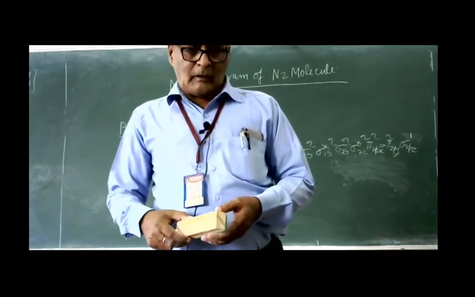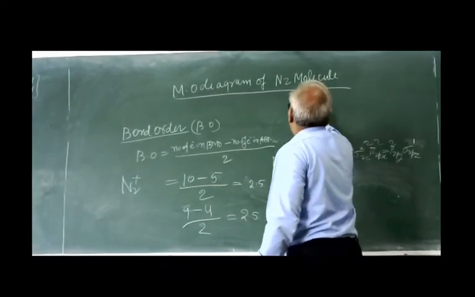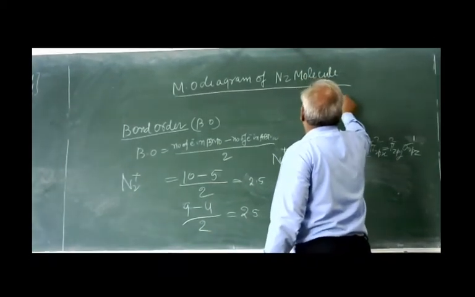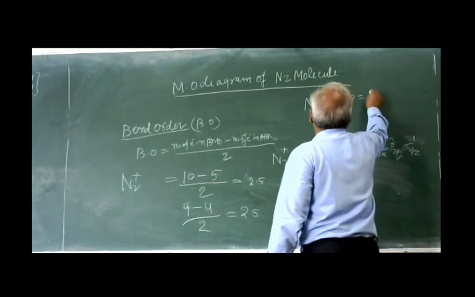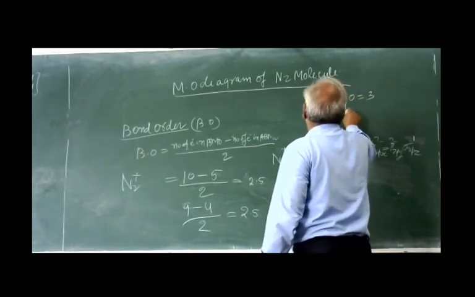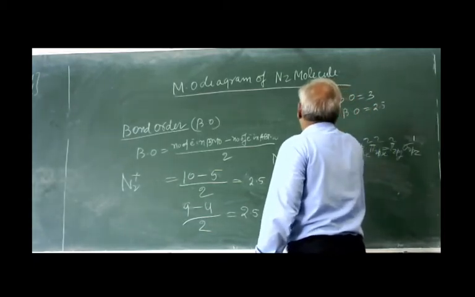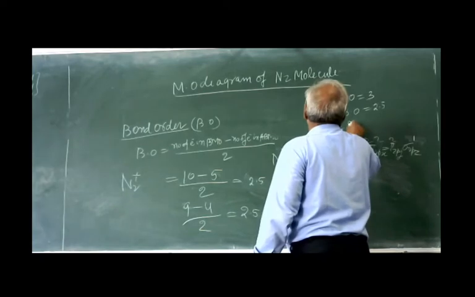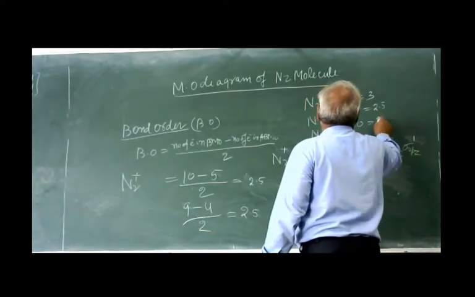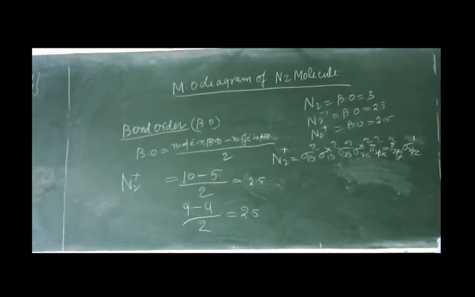You can very easily say that the N2 molecule bond order is equal to 3, the N2 minus bond order is 2.5, and the N2 plus bond order is 2.5. So which one of the molecules is more stable?